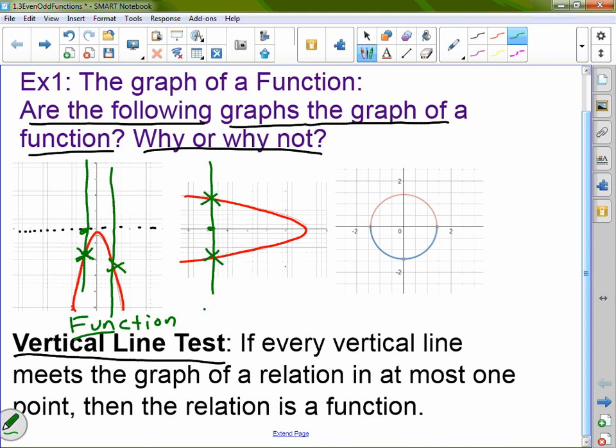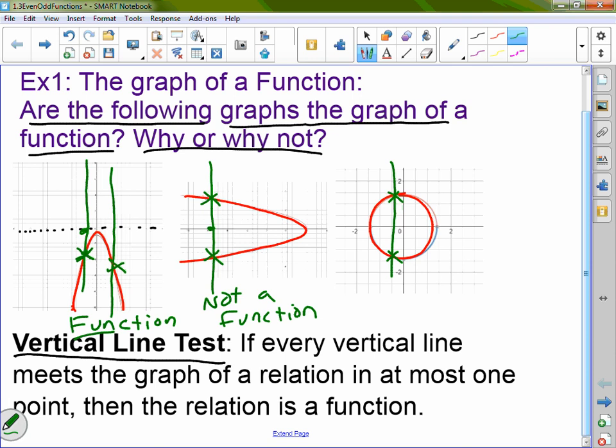So because of that, this is not a function. And similarly, our third example over here, this circle, if we were to look at any given x coordinate, we would see, no good. That's not a function as well.